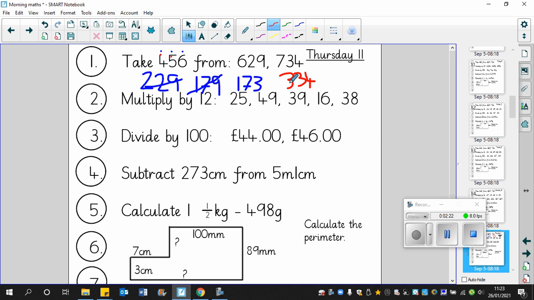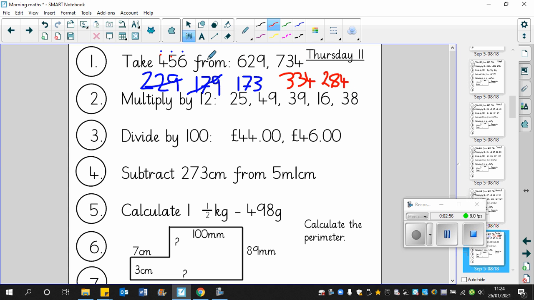Well, we know it's going to be less than 300, so therefore we start with a 2 for 200. 33, so that's 13. 13 take away 5 is 8, so therefore that's going to be an 80. So it's going to be 280, and there's a 4 here, so therefore it's on 284. So remember, we're taking away multiples of 10, so therefore the ones don't change.